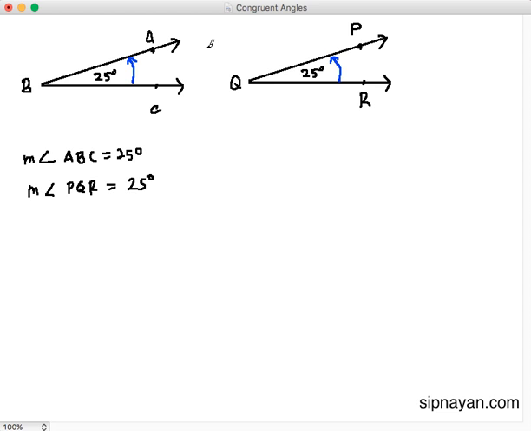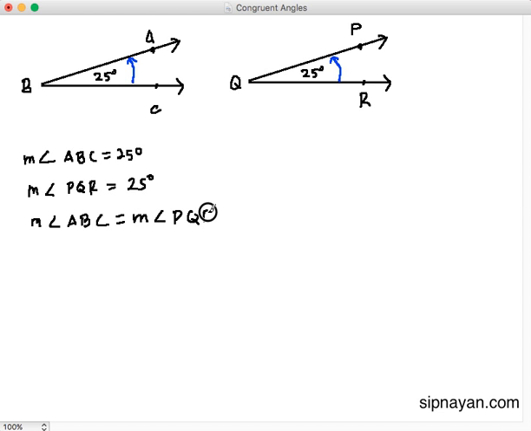Now, these two angles ay pareho yung kanilang measure. So, pwede nating sabihin na measure of angle ABC is equal to measure of angle PQR.